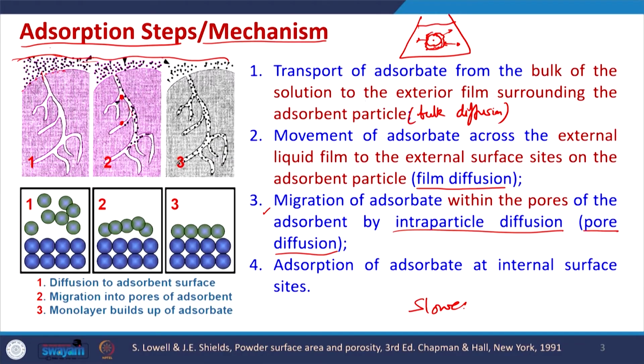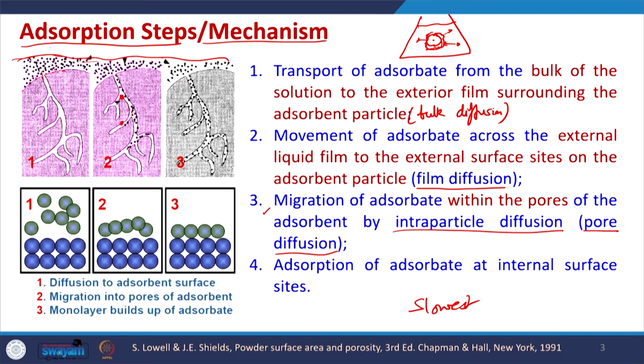So, for doing this we need to fasten all these processes, so that we can identify the rate controlling step, the slowest step, and we always try to see that the slowest step also becomes faster, so that the overall reduction in the adsorption time occurs.